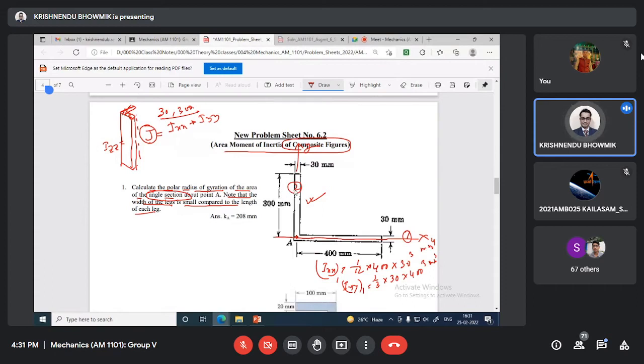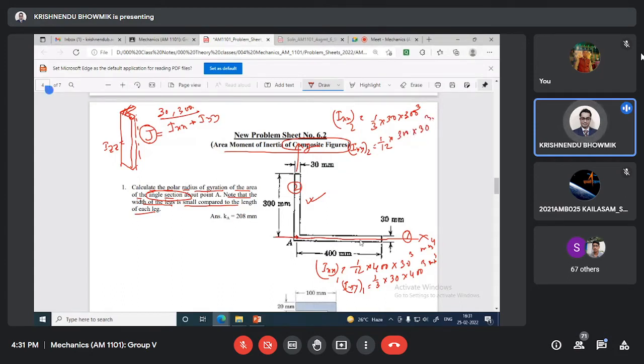Now for this case 2, Ixx2 means this one with respect to xx: 1/3 multiplied by base multiplied by height cube, 300 cube. And Iyy2 equals 1 by 12 multiplied by base 300 multiplied by height cube.